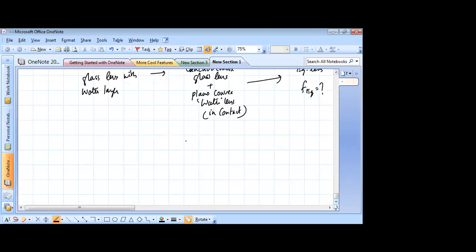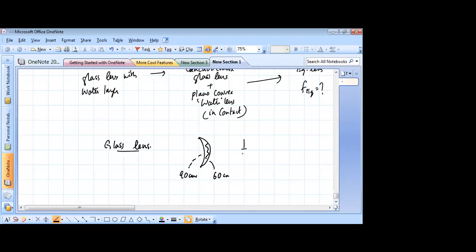Okay. So now let us understand the properties of each. So the glass lens, like this side will have 90 centimeters, this side will have 60 centimeters.